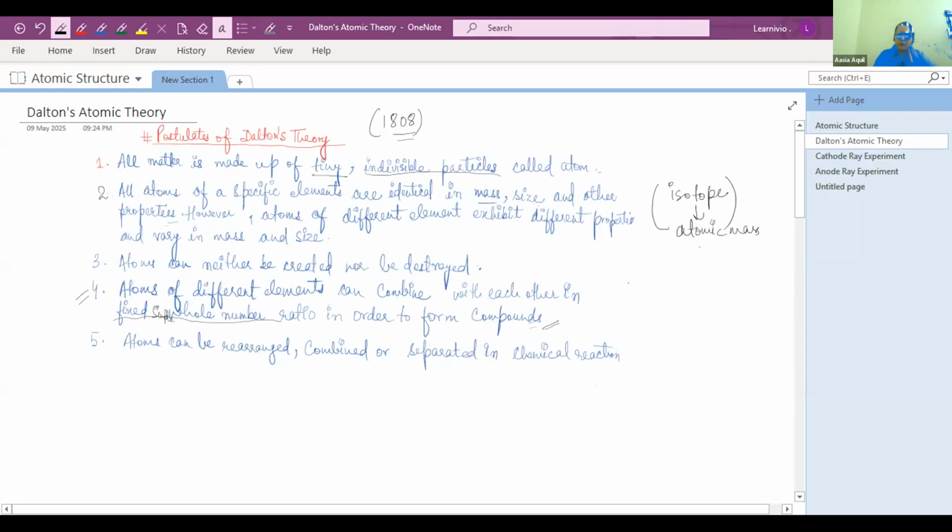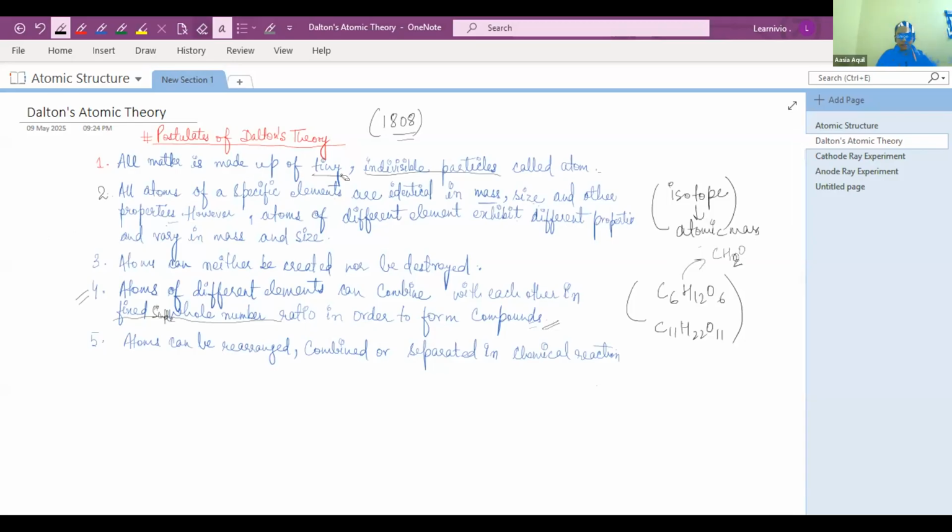But in the case of glucose, C6H12O6, or sucrose, C11H22O11, when we talk about complex molecules, you can see this is not a simplest whole number ratio. You can't simplify these. When you write the simplest form, you divide all the terms by 6, and it gives CH2O, which is the empirical formula.